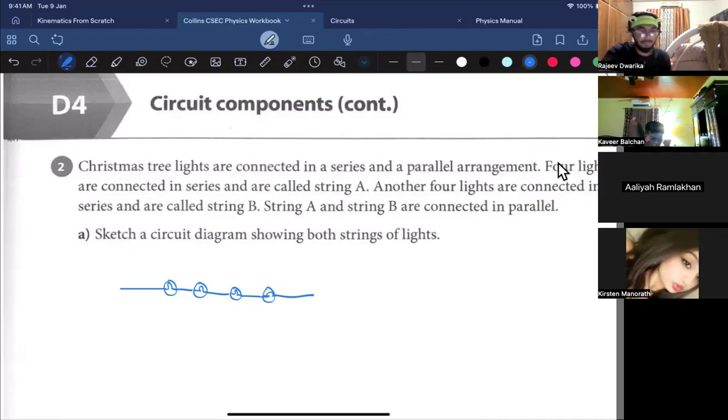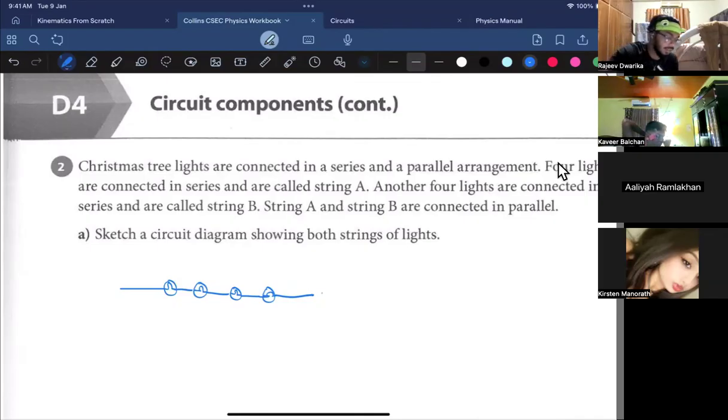Tell me if you understand that. That's A. So I have 4 lights in series, and then they're saying another 4 lights are connected in series. 4 lights are connected in series and are called string A. Another 4 lights are connected in series and are called string B. String A and B are connected in parallel.